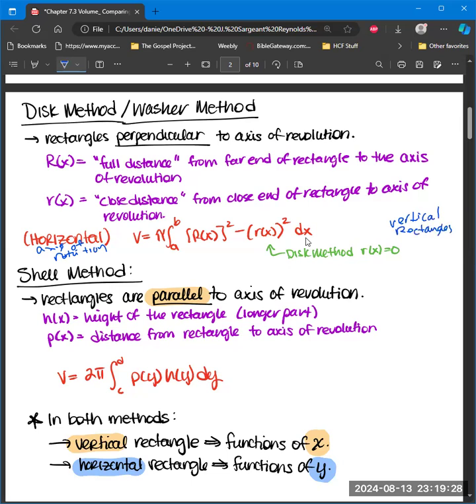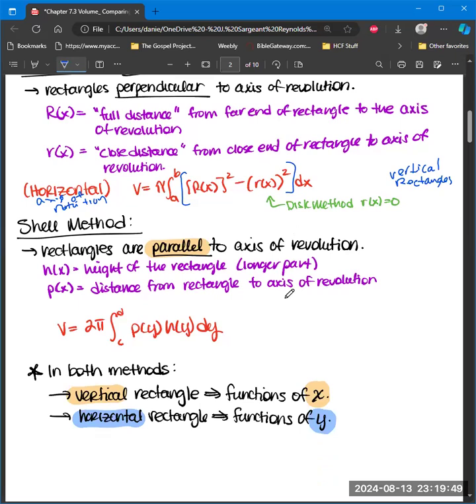And our washer method is going to look like that: V equals pi integral from a to b of big R squared minus little r squared dx. If you have just a disk, that'll be because our little r is going to be equal to 0. For the shell method, the rectangles are going to be parallel to the axis of rotation, and h is going to be the height of the rectangle, the longer part.